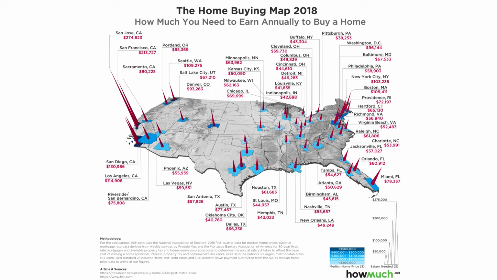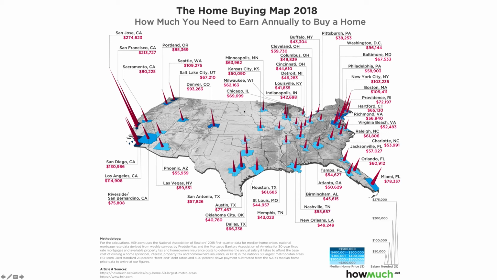Now, this example I like to show my students is the home buying map. An early example, I think the first quarter of 2018 from the National Association of Realtors, to buy a house. You're looking at the median price locally. Obviously, the most expensive ones are the San Jose area and San Francisco area.